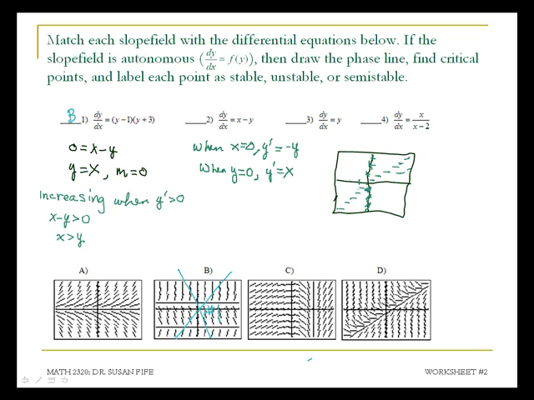And so let me find some points here. So this will be 1, 2, and 3, negative 1, negative 2, and negative 3. At 1, when x is 1, the slope is 1. It's a positive slope. When x is 2, slope is 2. It's a little bit steeper. And then 3, slope is 3.